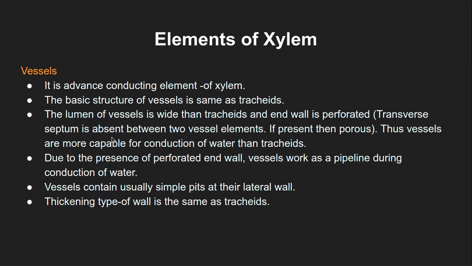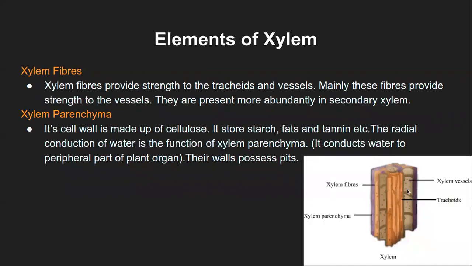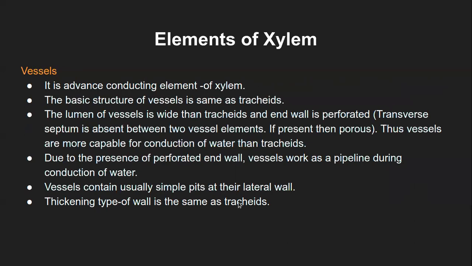The transverse septum is absent between two vessel elements. So in the xylem vessel, there is no septum. It is continuous throughout. Like I said, it's a continuous water pipe, something like that, but it has end walls. On both ends of the xylem vessel, there will be a wall present, which is called the end wall, and it is perforated.